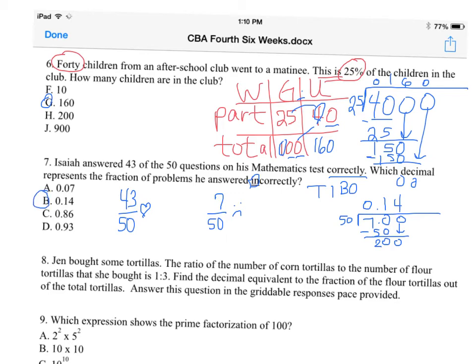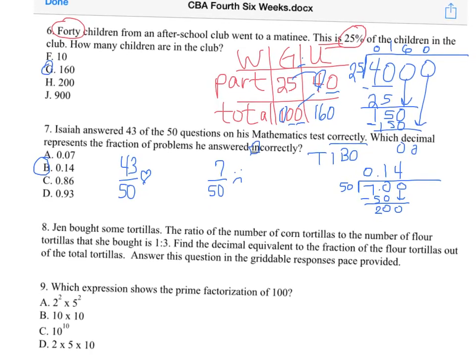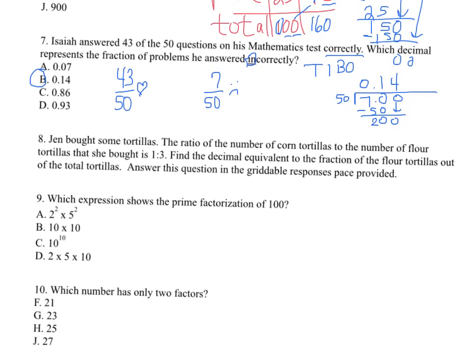Jen bought some tortillas. The ratio of the number of corn tortillas to the number of flour tortillas that she bought is 1 to 3. Find the decimal equivalent to the fraction of flour tortillas out of the total. So if the ratio of corn to flour is 1 to 3, that means 1 corn, 3 flour.